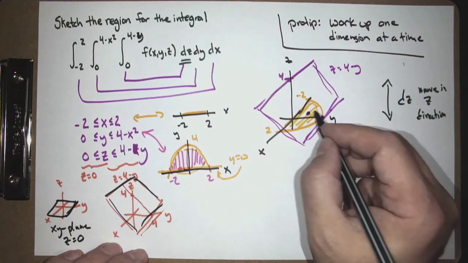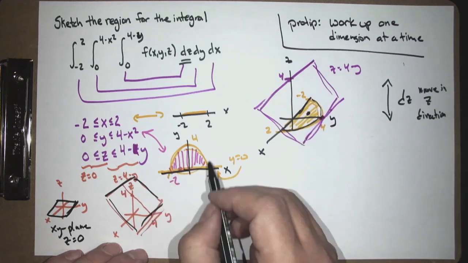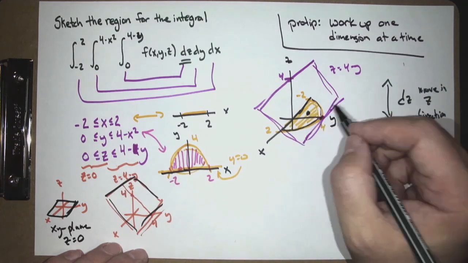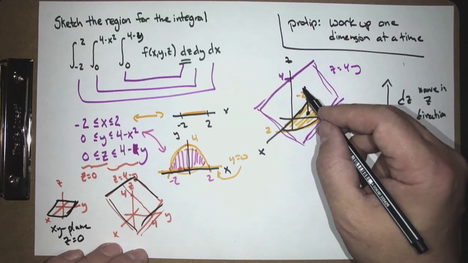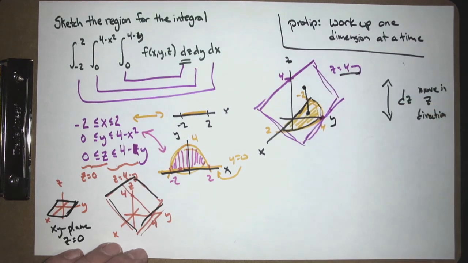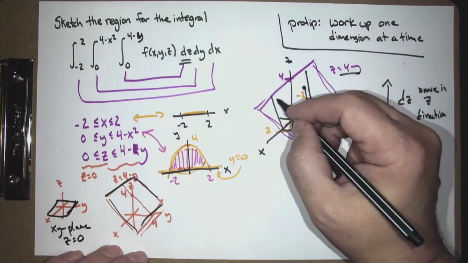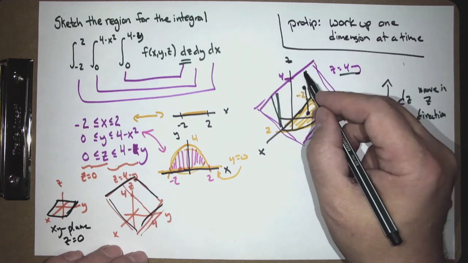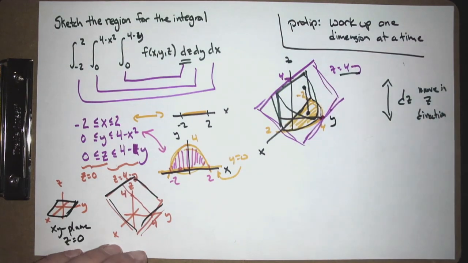So I want to move from my region that came from my two-dimensional thing, and I'm going to start at the bottom, which is 0, move up until I hit the top, which is the plane 4 minus y. So I'm going to do that at every point. And then I'm going to say what's happened. So what I'm getting is a shape that's doing roughly this. Let me see if I can sketch it one more time.